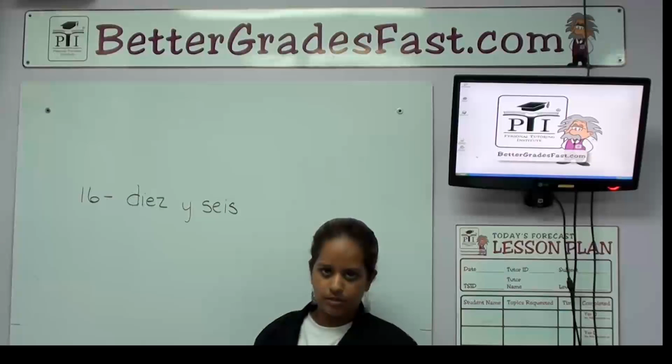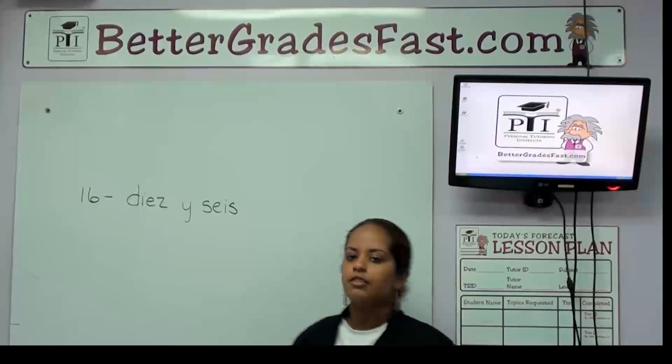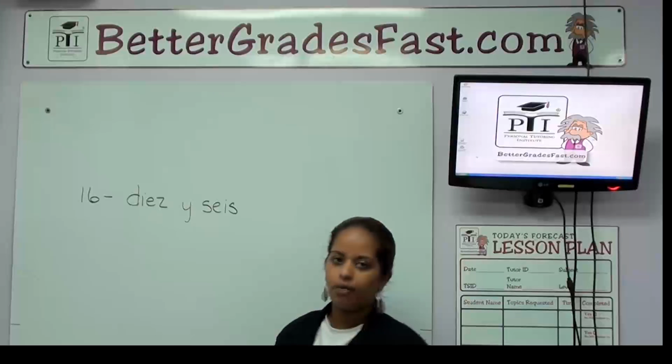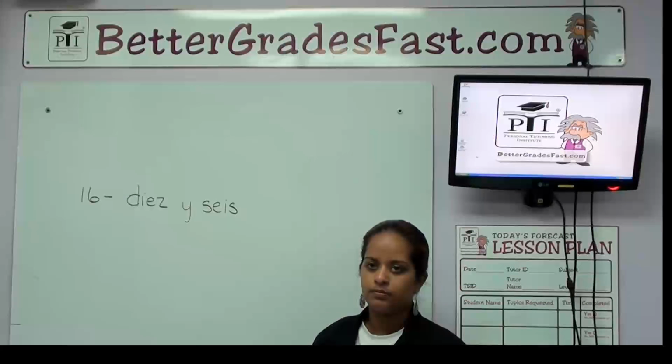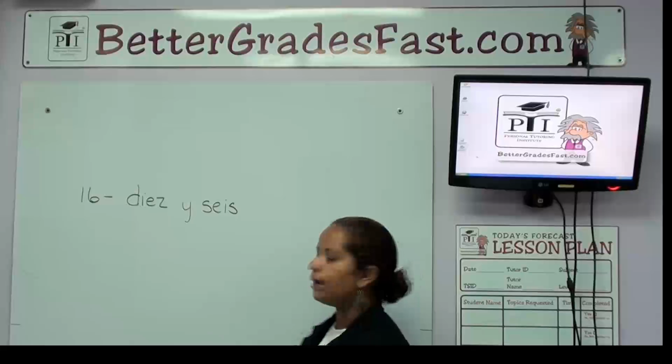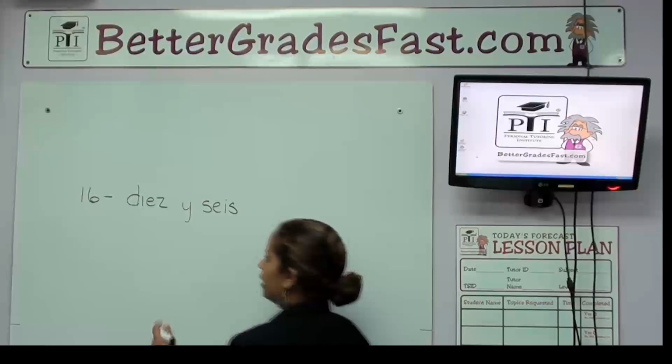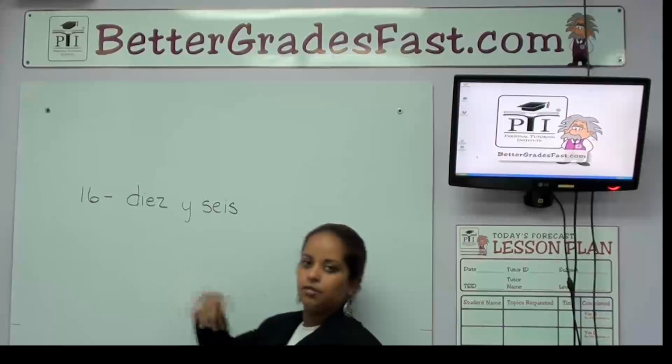And 6, 16. This is the old form of writing the number 16. The more recent form and more accepted form is combining the three words, making one.